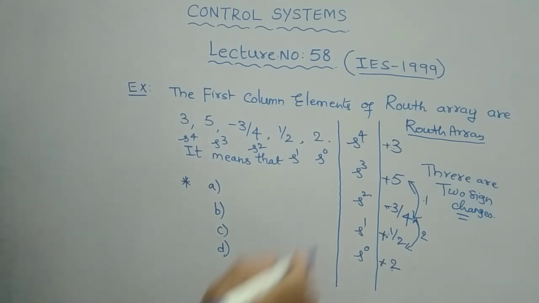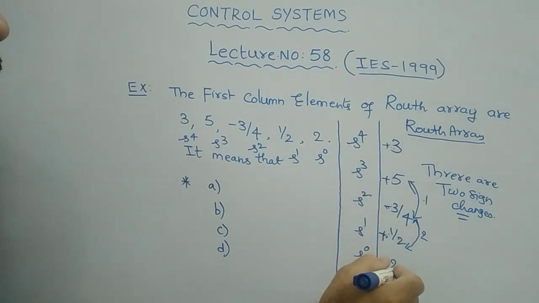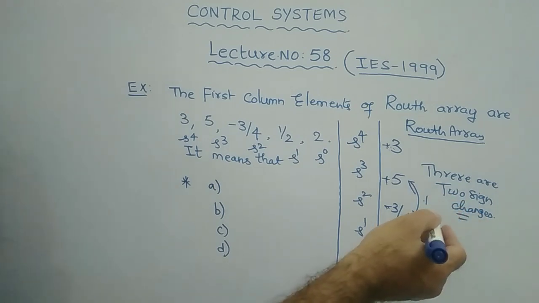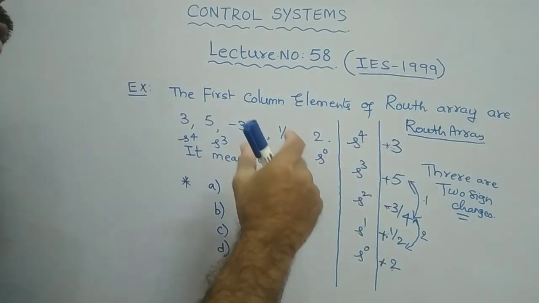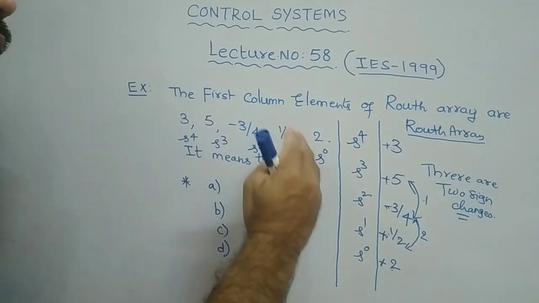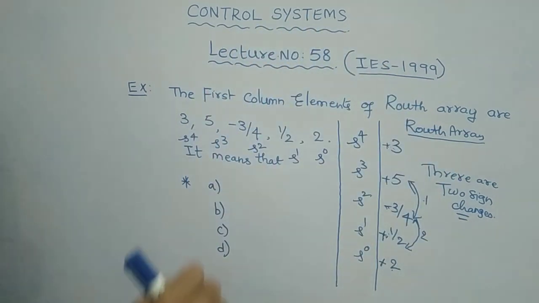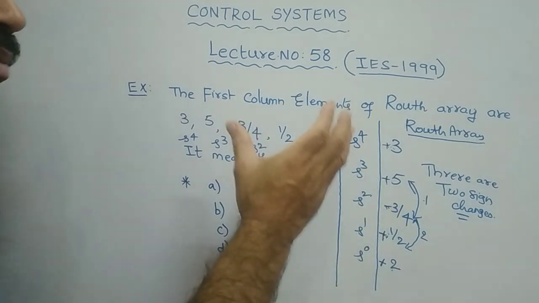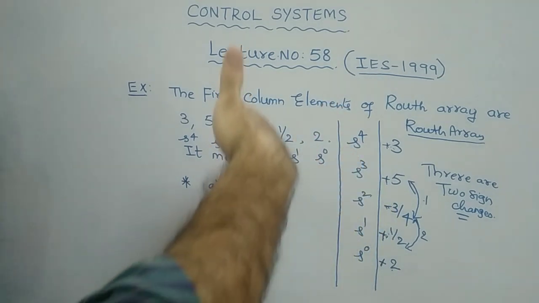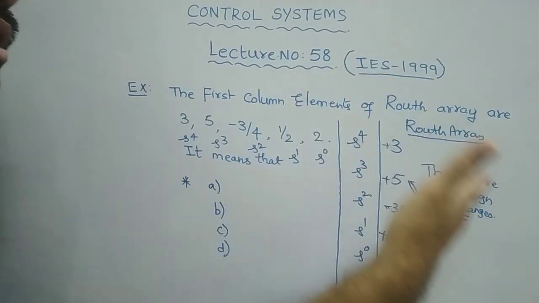What does it indicate? The number of sign changes indicates the number of roots which lie on the right side of the S-plane. Clear?